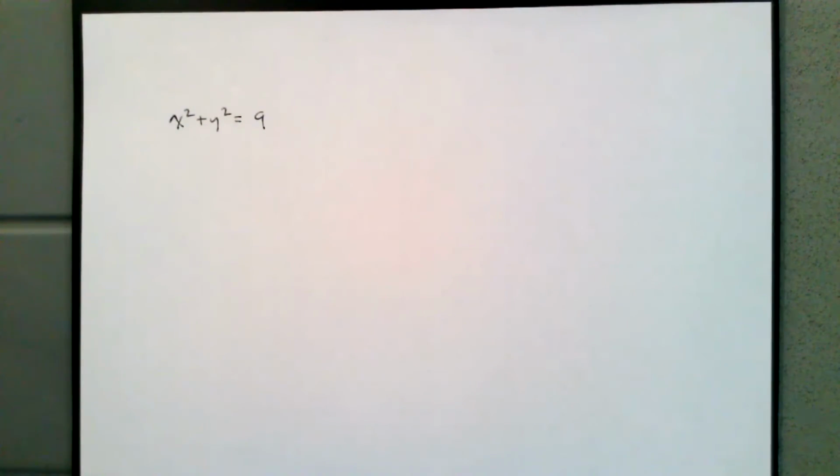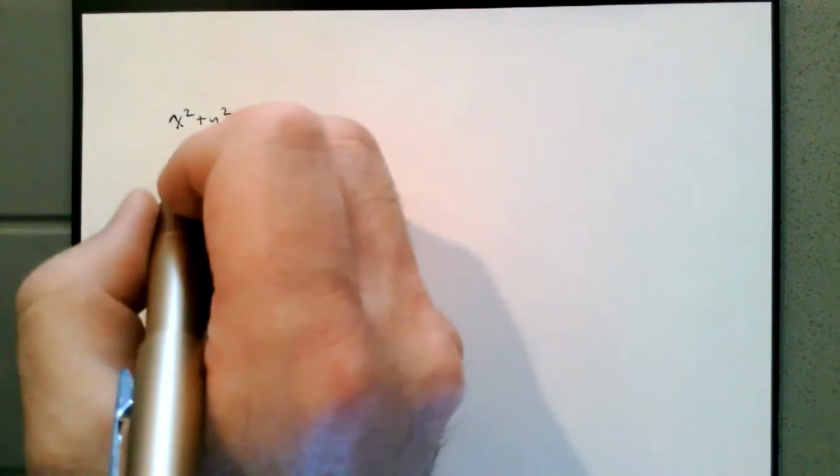There are certain things that we recognize. If I write the equation x squared plus y squared is equal to 9, we know that this is a circle centered at the origin with a radius of 3.